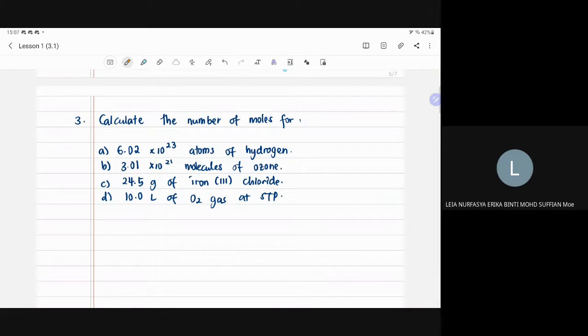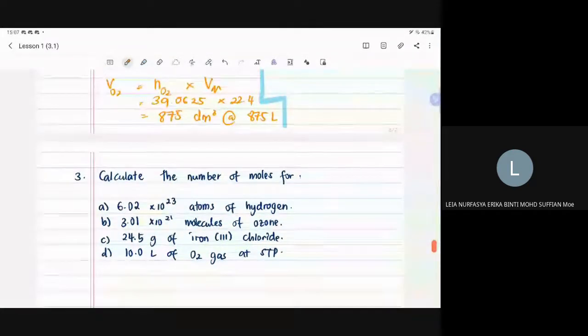Ya, memang jawapan kamu lain nanti Felicity. Sebab kalau kamu guna 39.06, soalan tadi kan? Kamu dapat 874.9. Kalau bundarkan dapat 875 juga. So dia tak jauh, dia dekat. So betul juga tu. Sebab dalam final exam, jawapan kamu tak perlu 100% exactly the same tau.